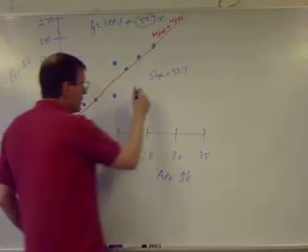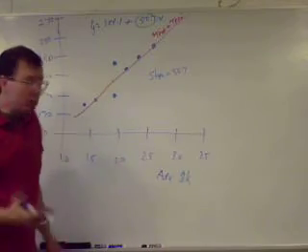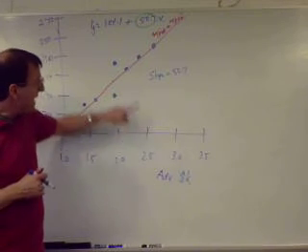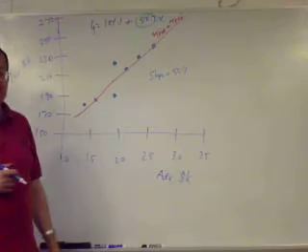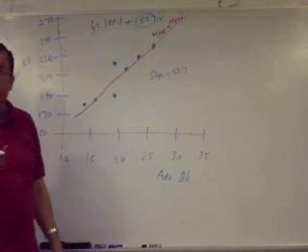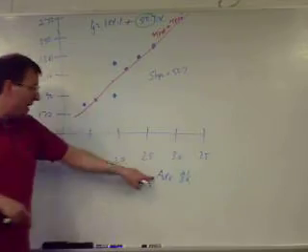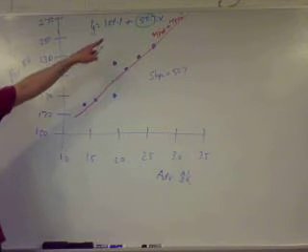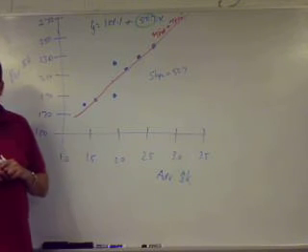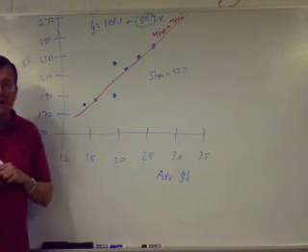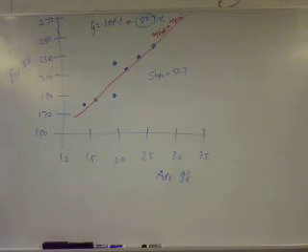It means for each additional increase of x by 1, y hat goes up by 50.7. So for every additional $1,000 in advertising, the estimated revenue goes up by $50.7 thousand. That's the meaning of the slope.